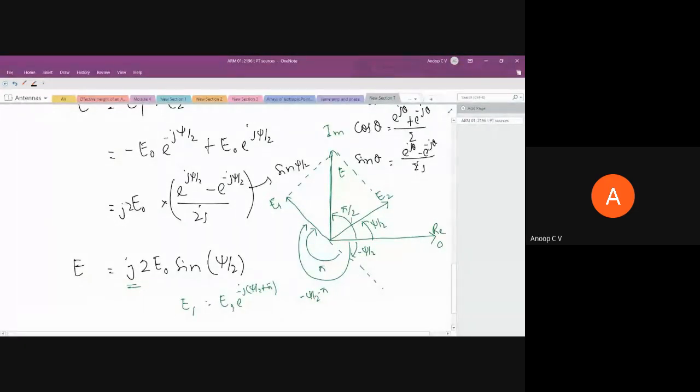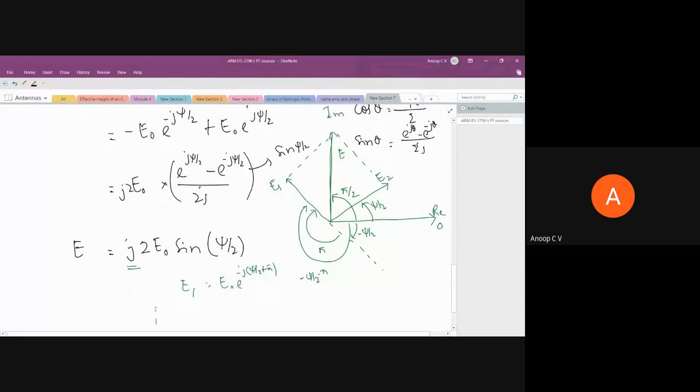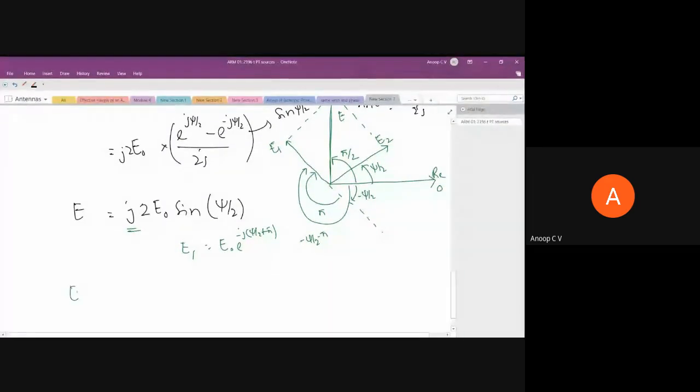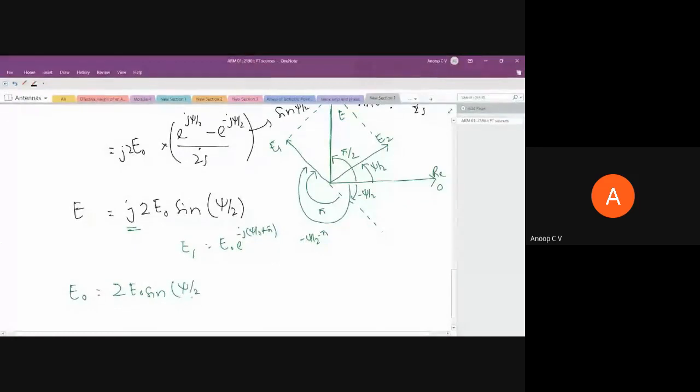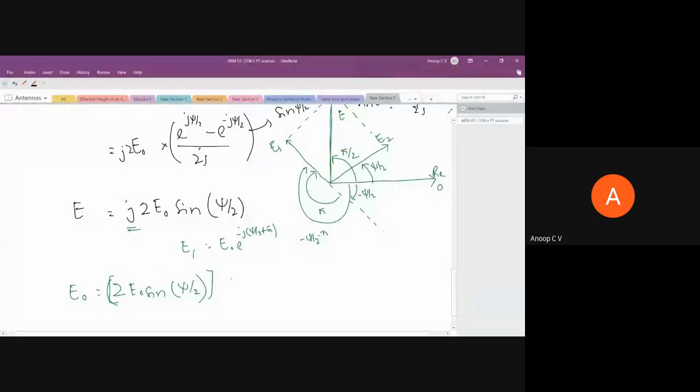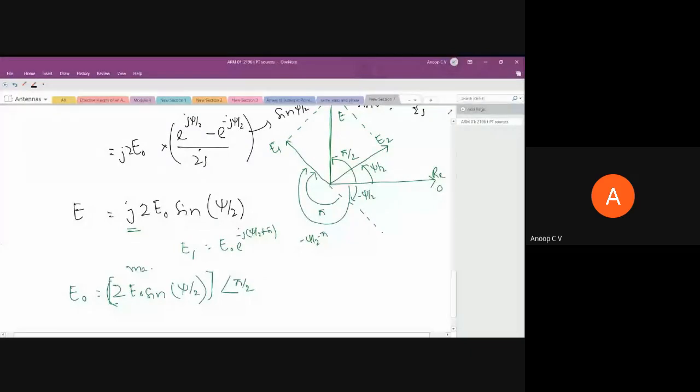So another way of writing this is E is equal to 2 E naught sine psi by 2. This is the magnitude, and times angle pi by 2. This is magnitude and this is phase.